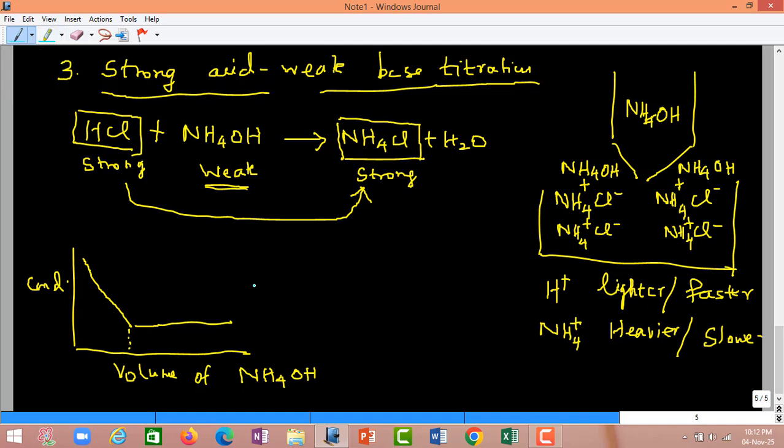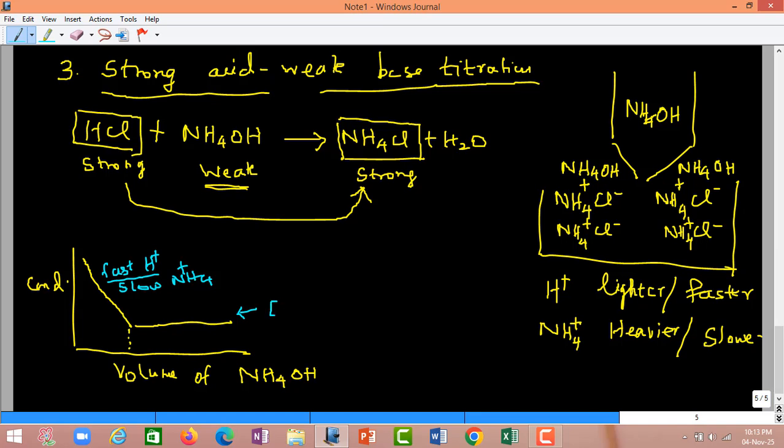And if you write the reason for the change in the slope in the graph itself, you will find first the conductance decreases because fast H plus ions are replaced by slow NH4 plus ions. After that, after the end point, the graph remains almost constant.